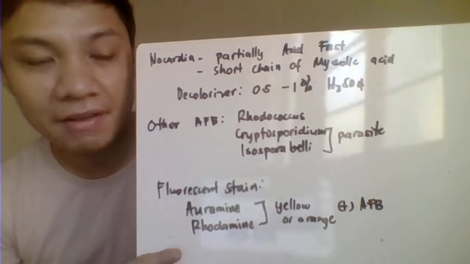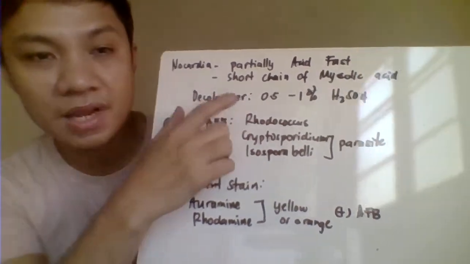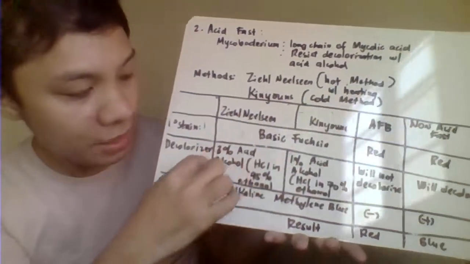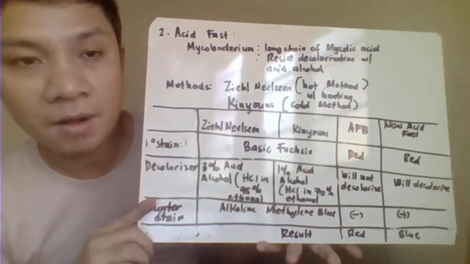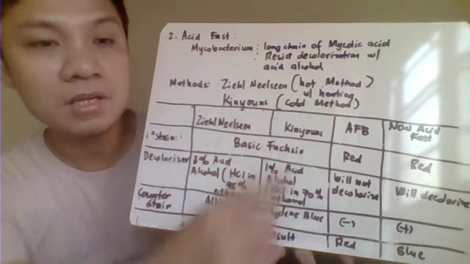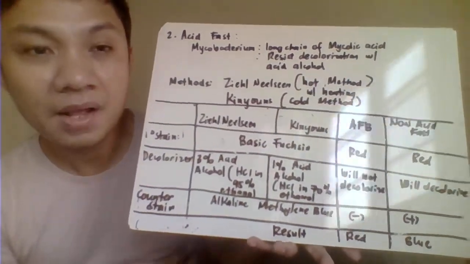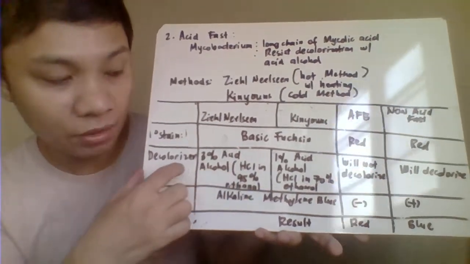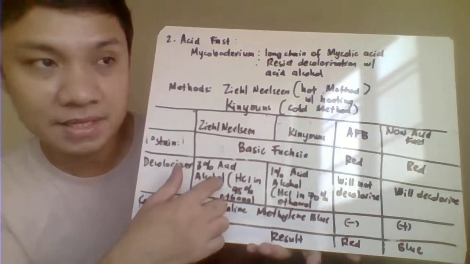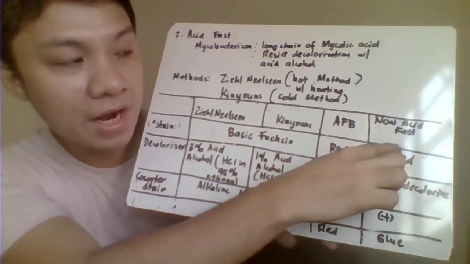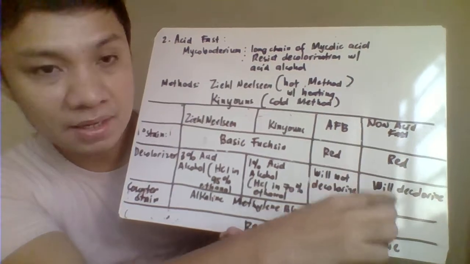What will happen? For example, if you stain Nocardia with the usual acid-fast staining, and you are only after the Mycobacterium tuberculosis, but the one present in your sample is Nocardia, and the decolorizer you used is the strong acid, then your Nocardia will behave this way.